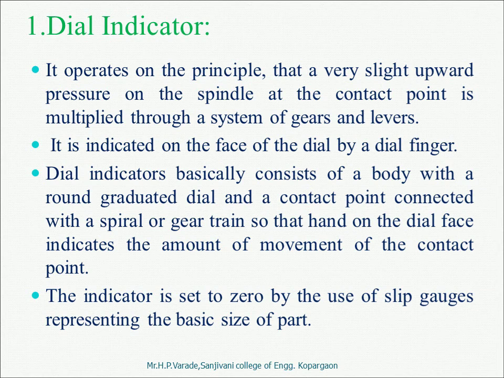It is indicated on the face of the dial by a dial finger. Dial indicators basically consist of a body with a round graduated dial and a contact point connected with a spiral or gear train, so that the hand on the dial face indicates the amount of movement of the contact point. The indicator is set to 0 by the use of slip gauges representing the basic size of the part.